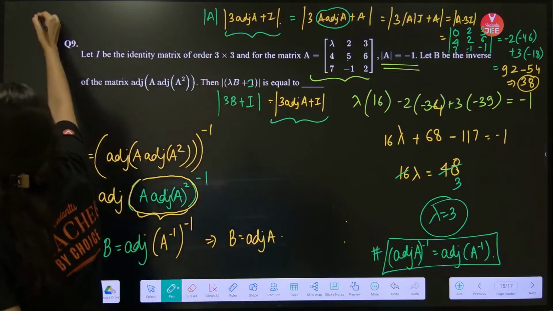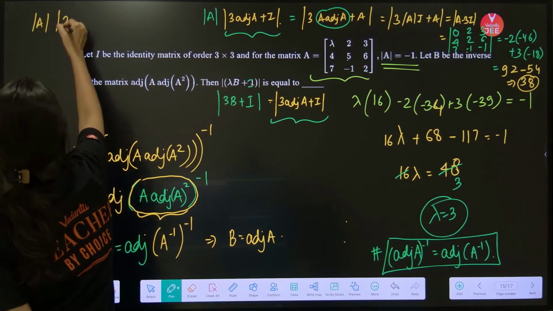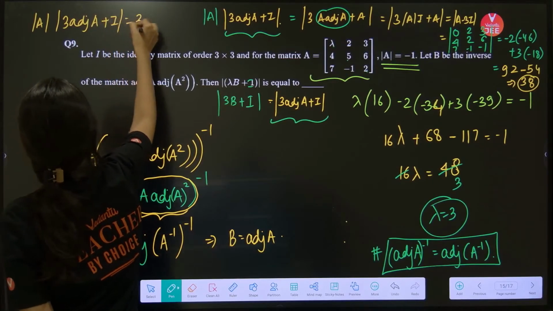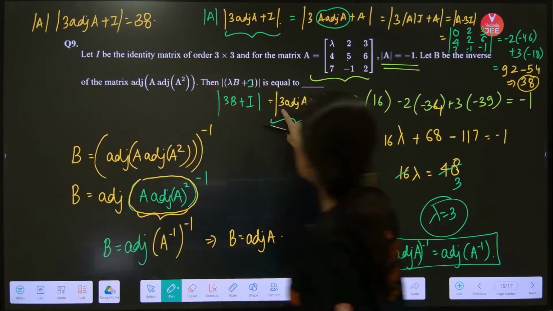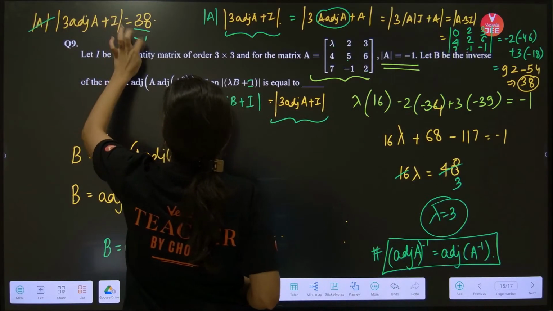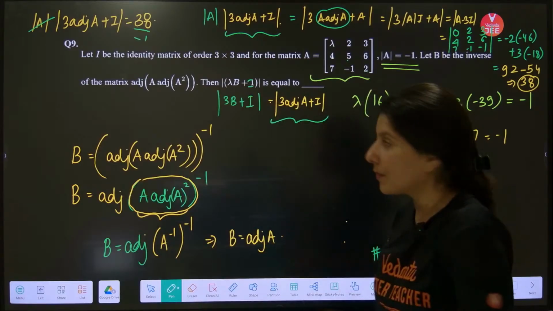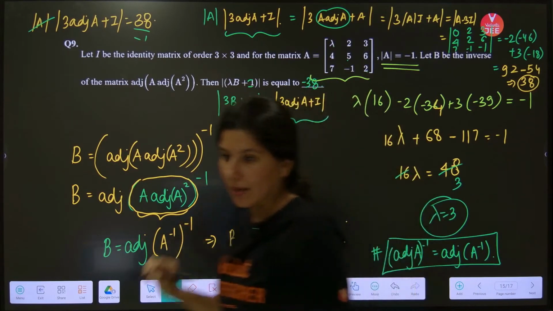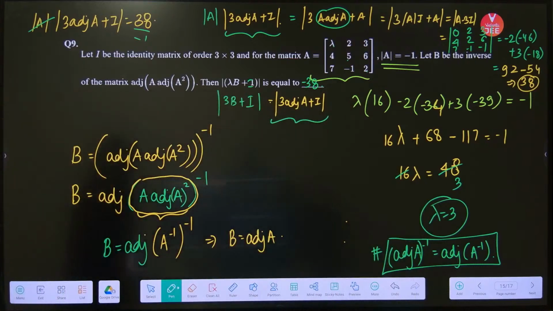Understand? Determinant A into the determinant of 3 times adjoint of A plus I is equal to 38. What do you want? Eventually you want this. So determinant A, you just divide by minus 1. So minus 38 is the answer. Minus 38 is absolutely correct.